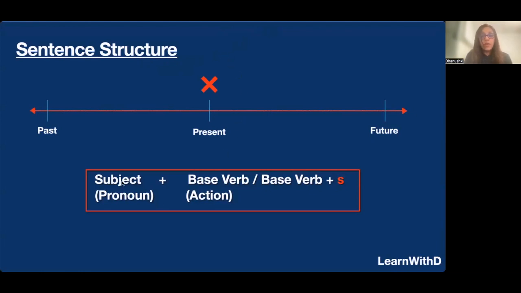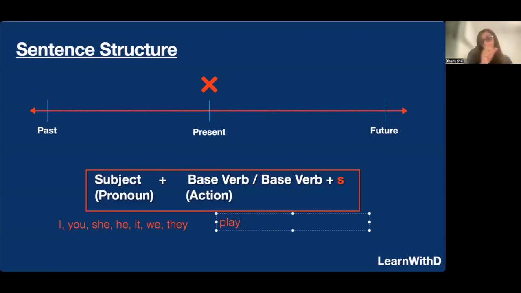Now let's look at the subjects. We have I, you, she, he, it, we, they. These are all the pronouns or the subjects in a sentence. And then, of course, we have the verb or the action. Let's take for example the verb play.